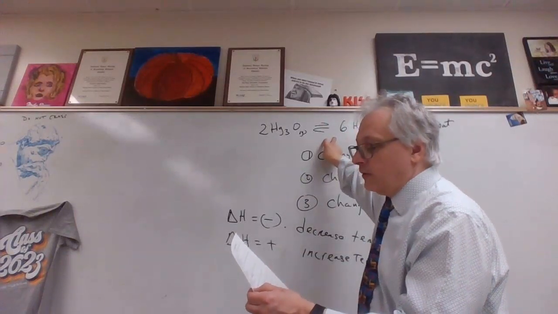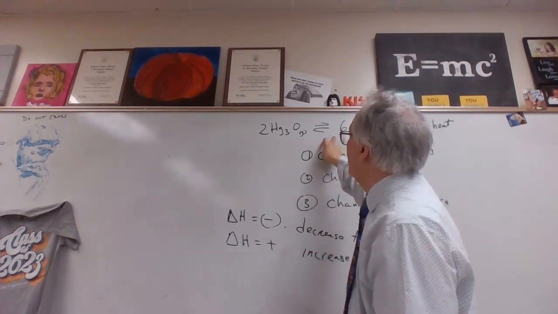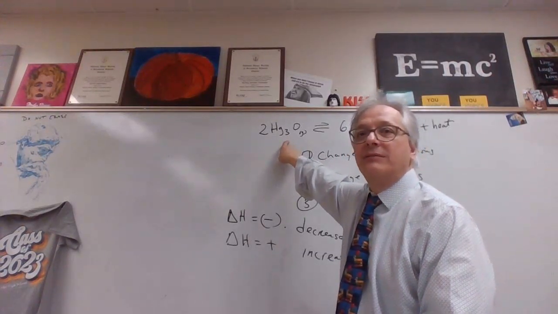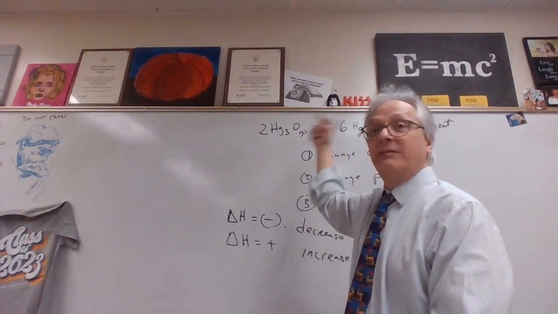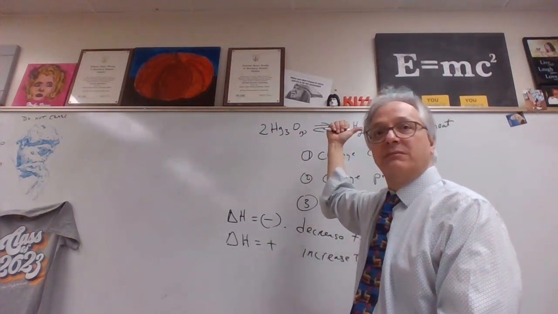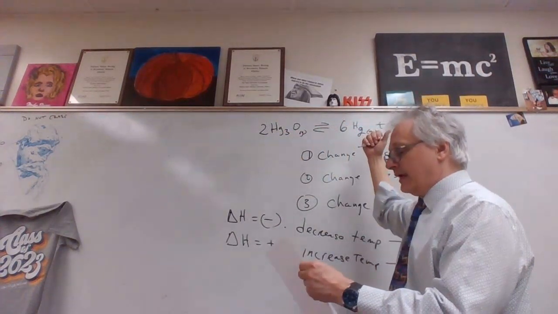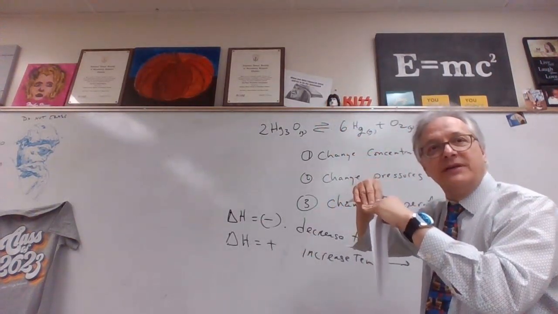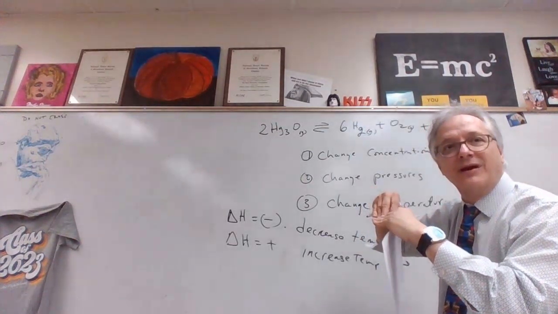They say, what's going to happen if I add more of this mercury oxide? Which way is it going to go? Put more of that in, it wants to get rid of it. Yep. How about if you decrease the volume? What happens to the pressure?